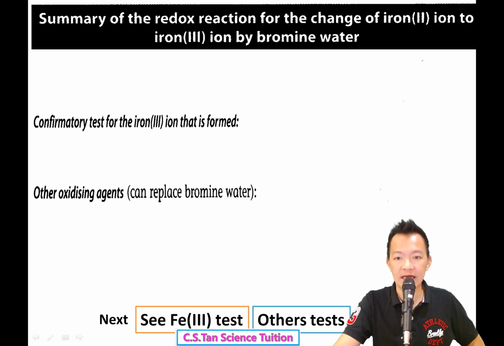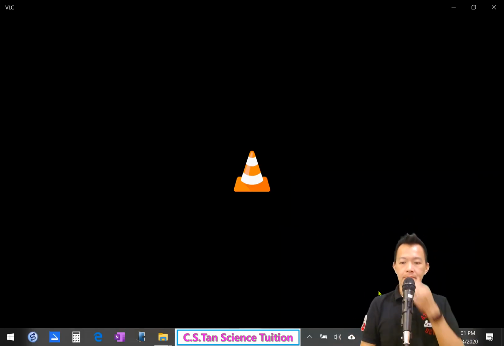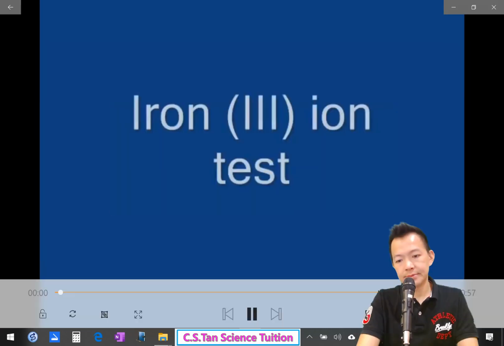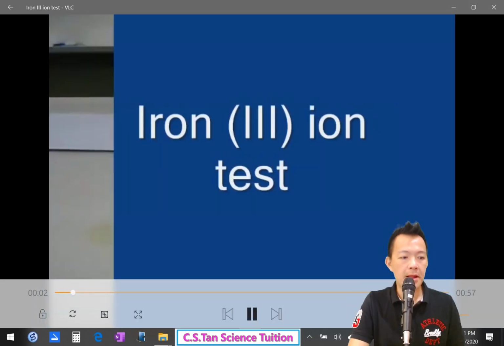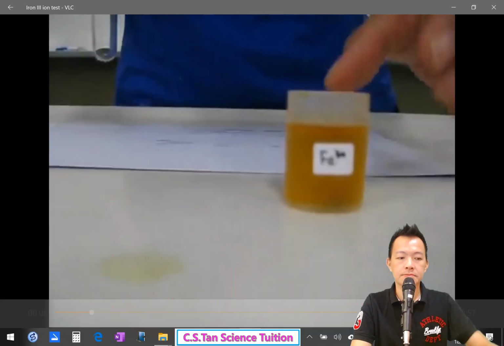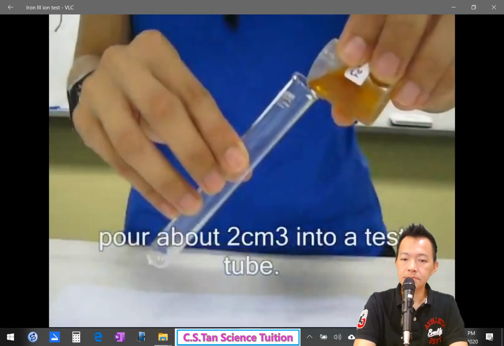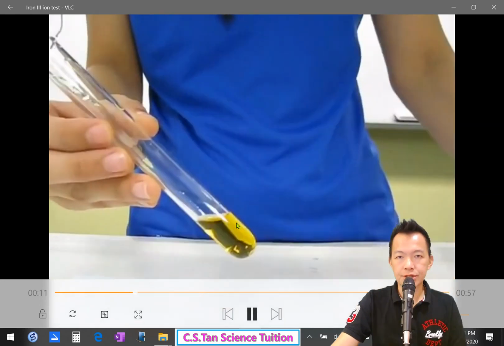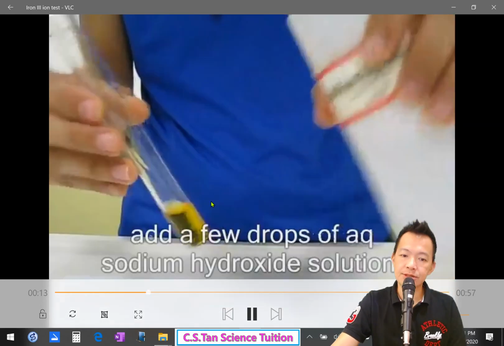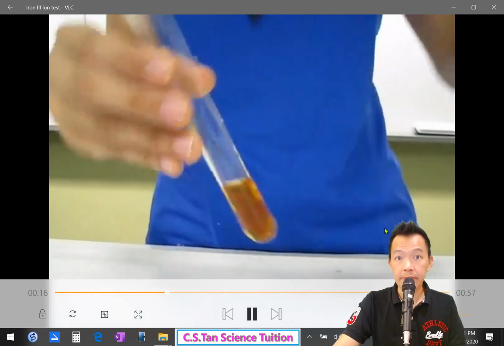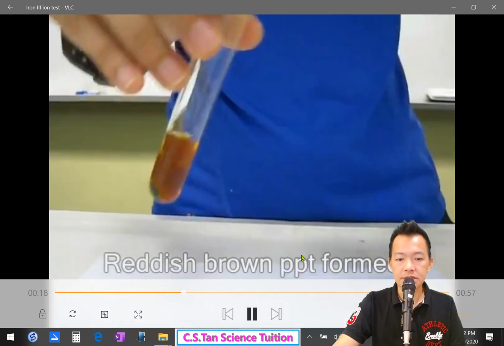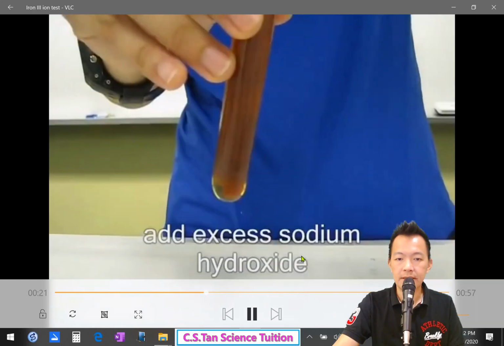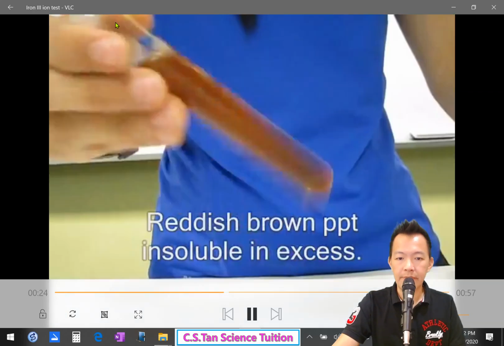Iron 3, it can be iron 3 sulfate, iron 3 nitrate, never mind. Add sodium hydroxide, and the brown color precipitate forms.